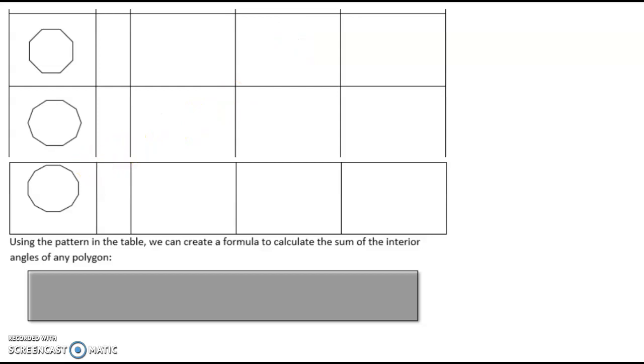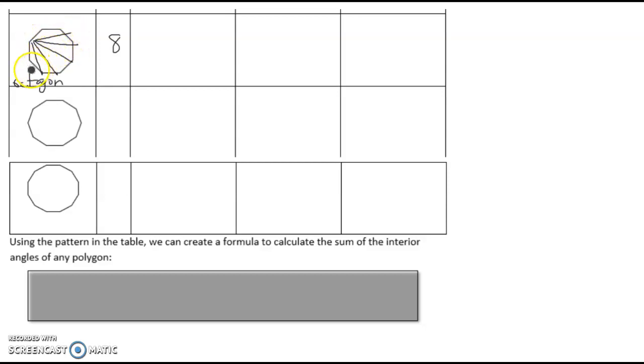Okay, so here we have 1, 2, 3, 4, 5, 6, 7, 8 sides. This is called an octagon. Okay, and I'm going to draw here, here, here, here, here.